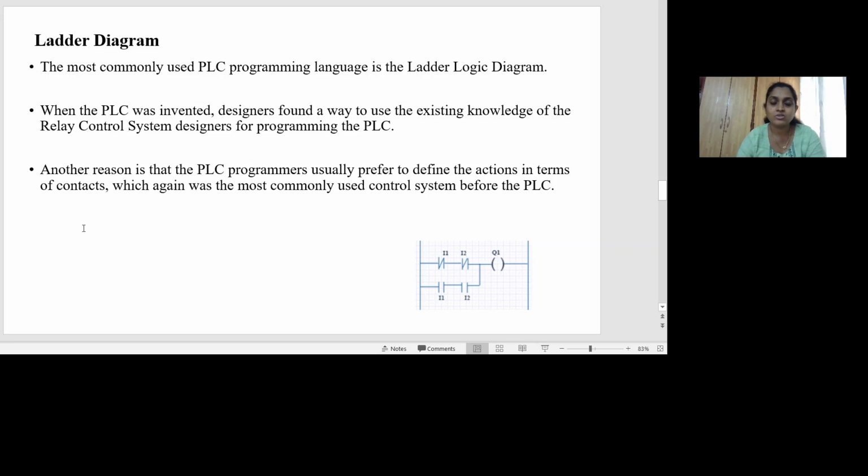So the advantage is that this ladder diagram is more organized, and hence it's easy to follow. Here the comments are readily visible, and also the most important advantage about the ladder diagram is that you can do online editing.